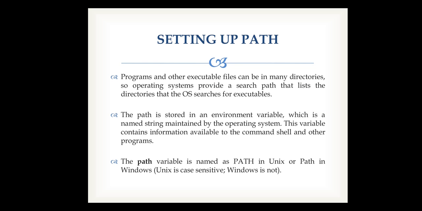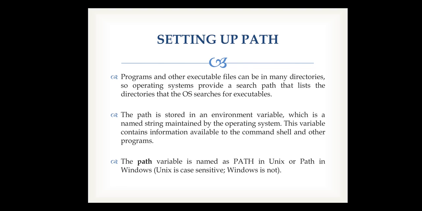Next, setting up the path. Programs and other executable files can be in many directories, so the operating system provides a search path that lists the directories that the OS searches for executables. The path is stored in an environment variable, which is a named string maintained by the operating system.